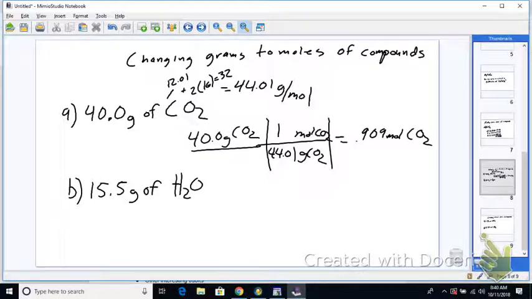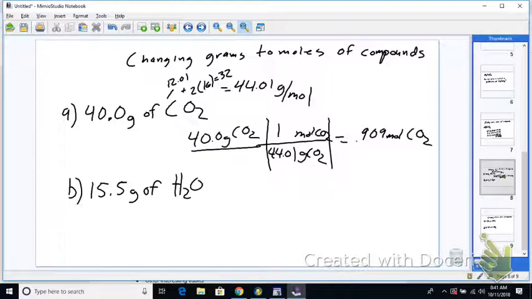So, on this one, a lot of people get to where they memorize these two also. They got those memorized because we use water and CO2 quite a bit in different cases. So, H2O is 18.01, right? Grams. 2 hydrogens, 1.01. So that would be 2.02, and then oxygen 16. Add those together, you get 18.02 grams per mole.